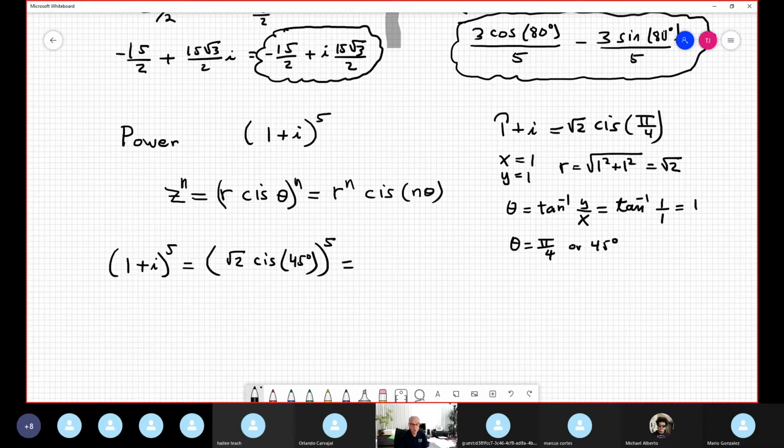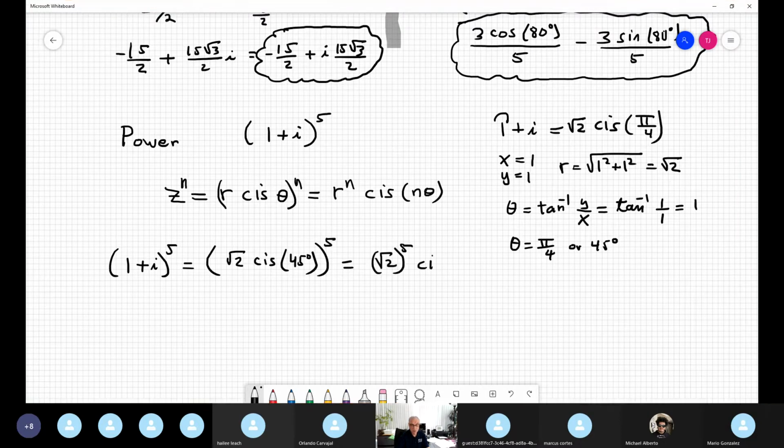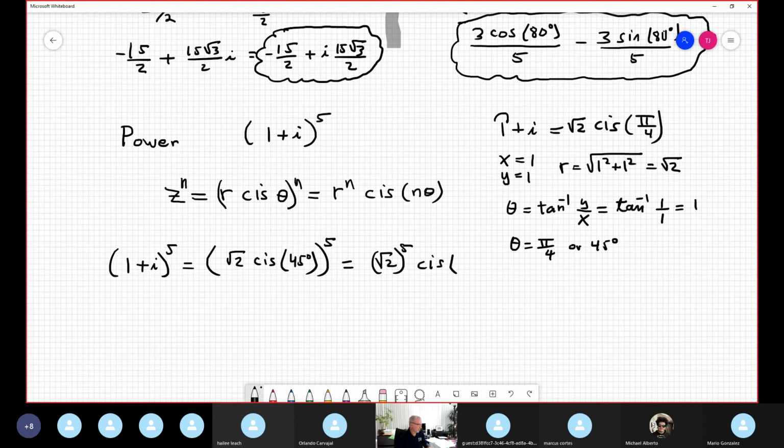So the idea is you raise to the 5th power: radical 2 to the 5th power, cosine plus I sine, and you multiply the angle by 5. 45 times 5 is 225.